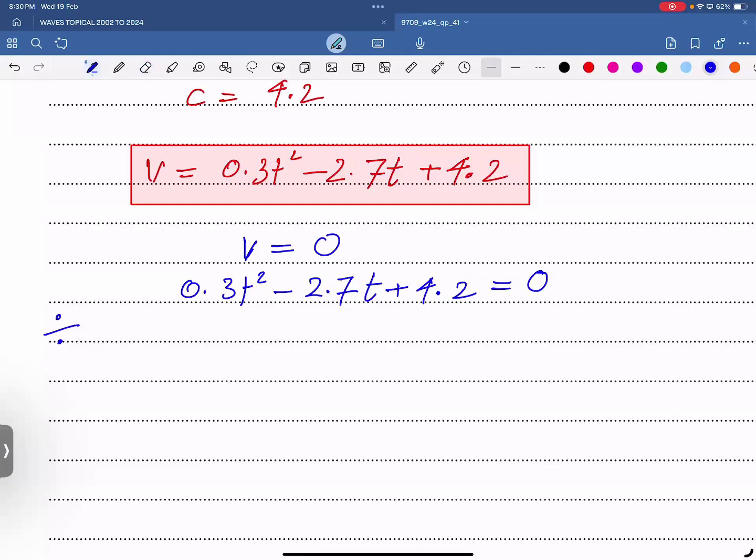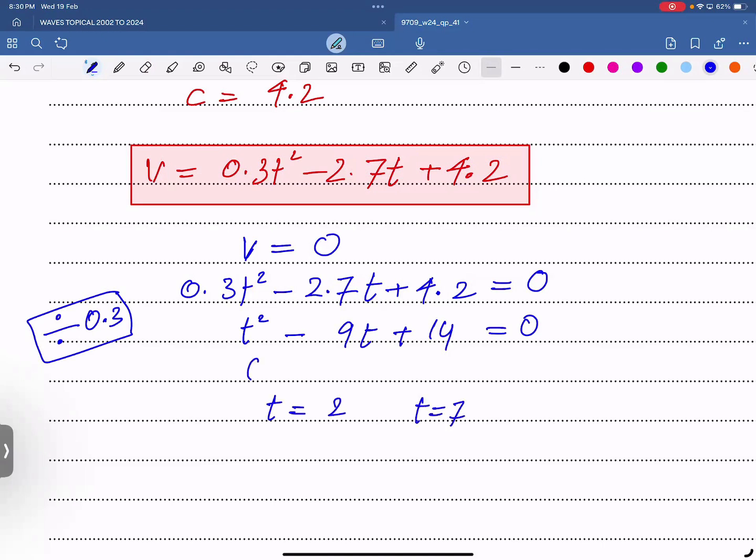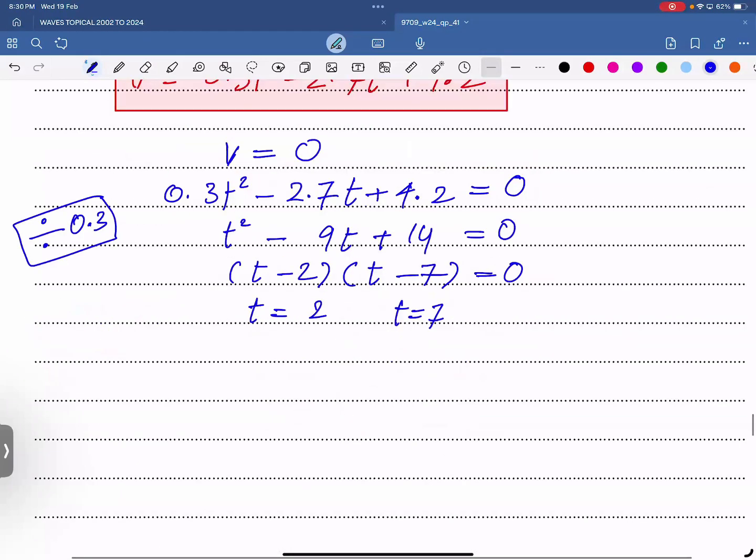In that case, factors were not possible. Here factors are possible. T square minus 9t plus 14 is equal to 0. Now you can do the factorization. T is 2 and 7. So it means one factor is t minus 2, other factor is t minus 7 is equal to 0. So dear students, clearly write your first time is 2 seconds, your second time is 7 seconds.